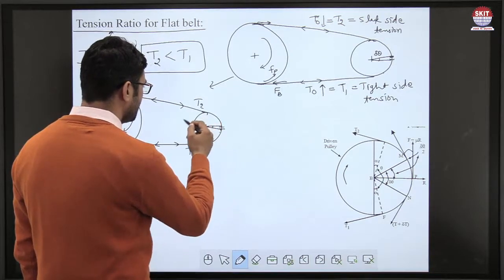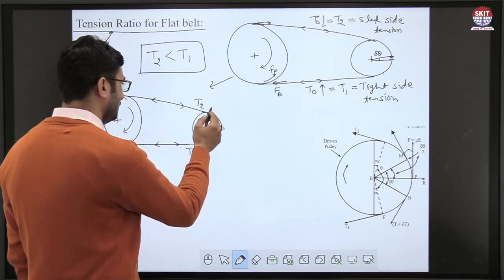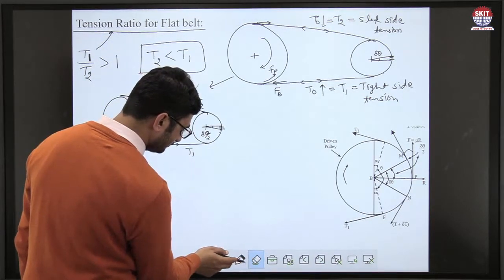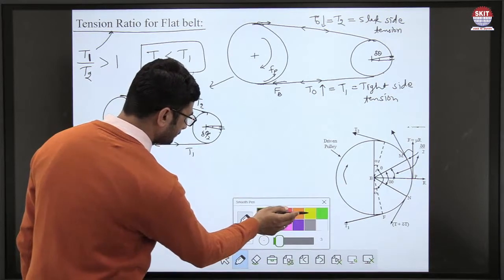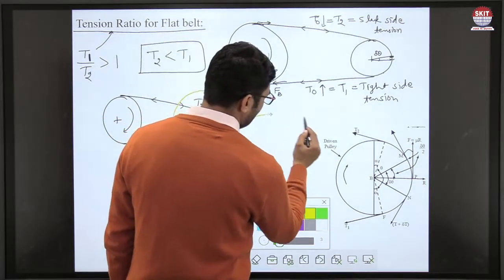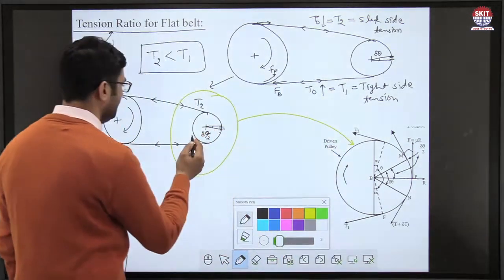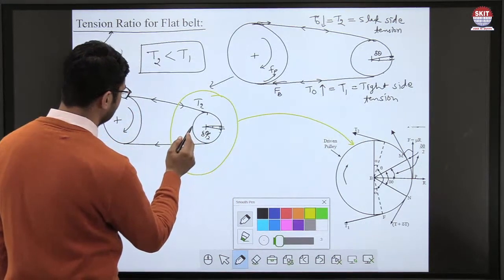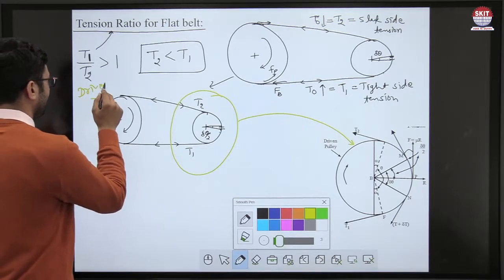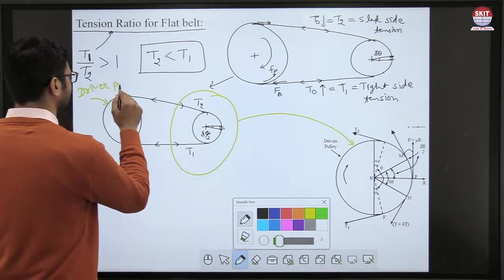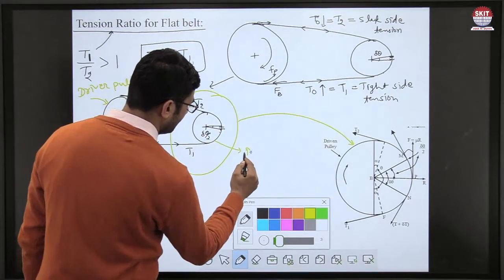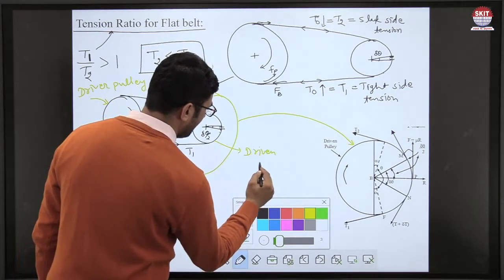We draw this pulley diagram. Here we only draw this pulley diagram. This is the driver pulley, and this is the driven pulley.